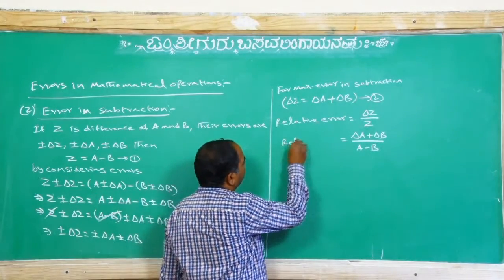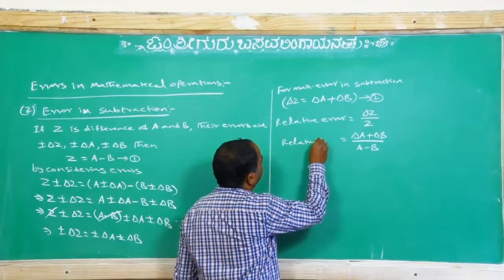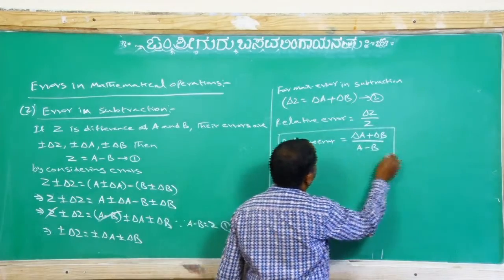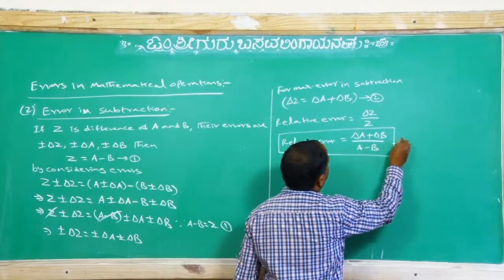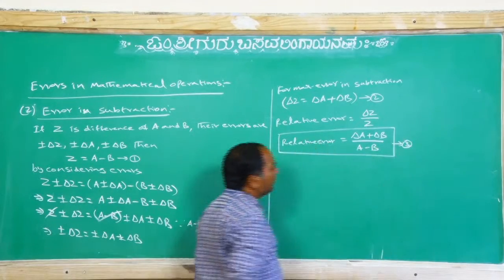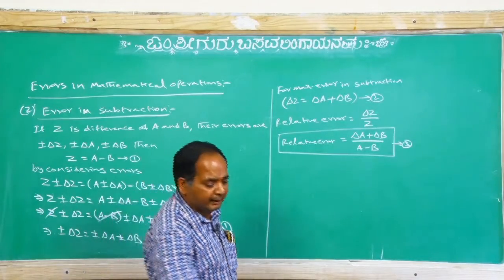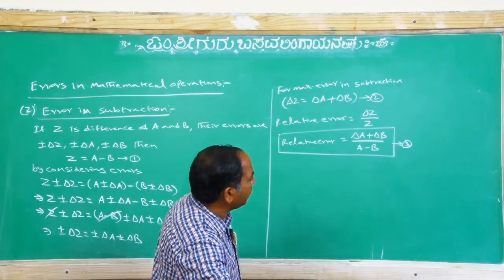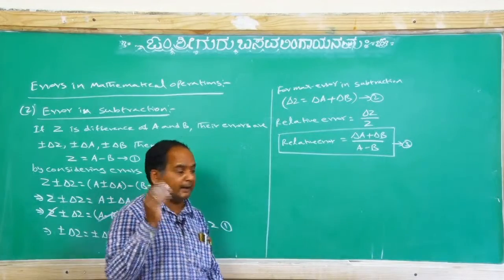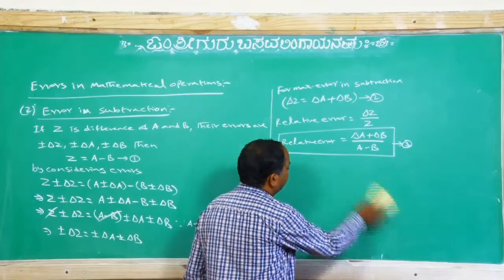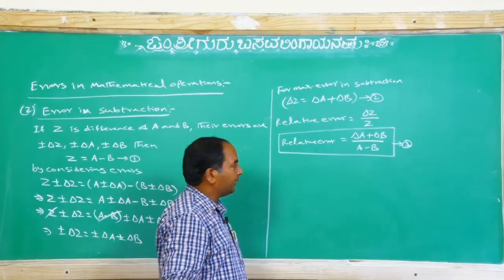Relative error in subtraction is given by delta A plus delta B by A minus B. This is not the same as addition. Why? Here in the denominator comes A minus B, there the denominator was A plus B. So the numerator is the same but the denominator is different.